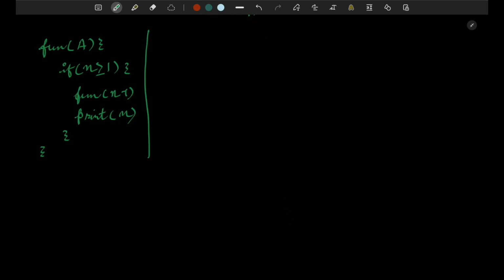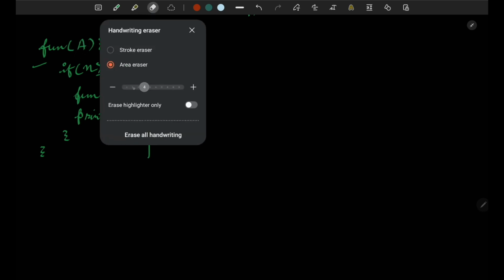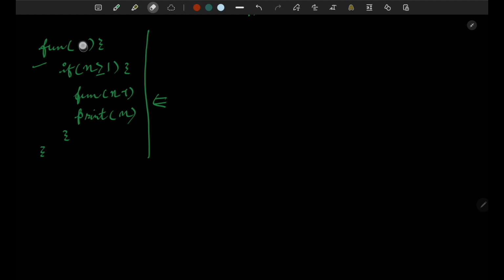Now let's learn about how we can analyze the space complexity in case of recursive problems. So here we have a problem. We have a function fun, and it's going to expect, let me correct this, this should not be a, rather it should be n, as the input parameter.